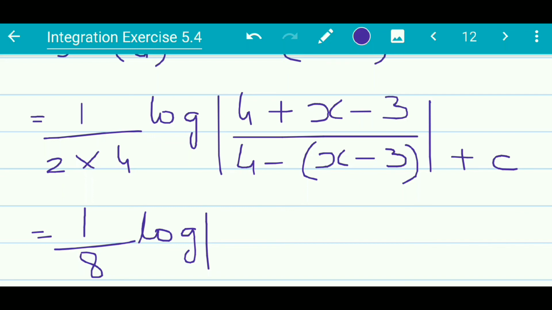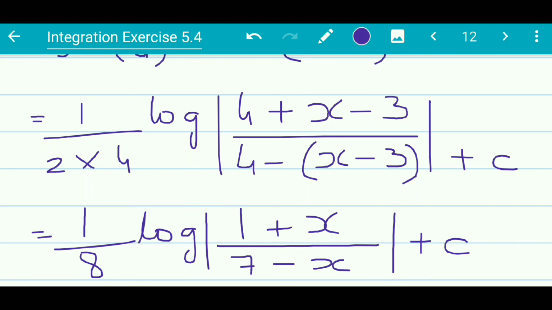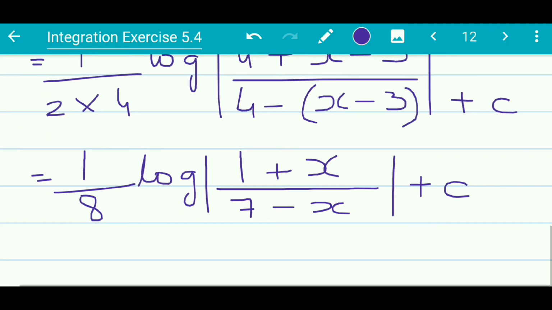So we get 1 plus x upon, now when we open the bracket, we get 4 minus x plus 3. This term is going to become plus. So we write over here 4 plus 3, that is 7. So 7 minus x plus c. So this becomes our final answer.